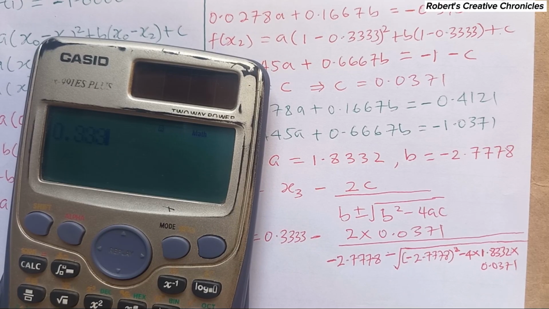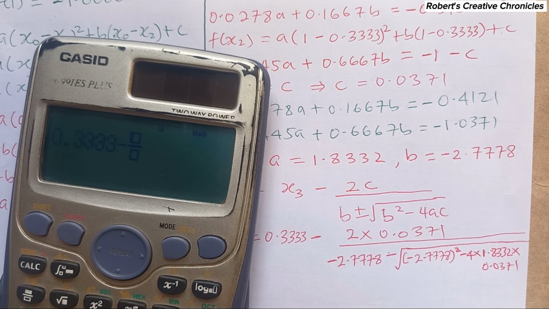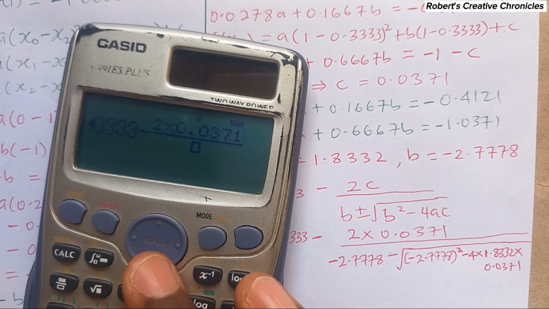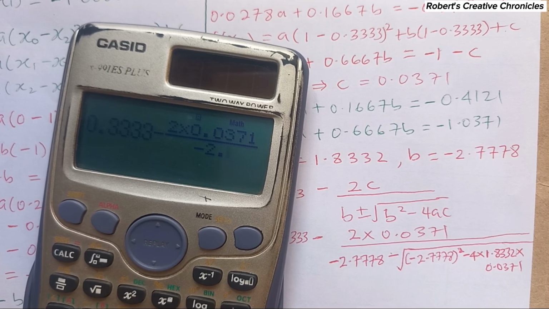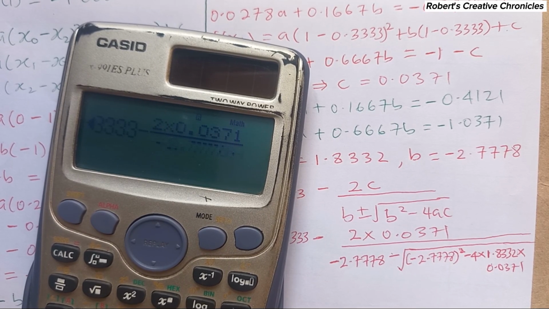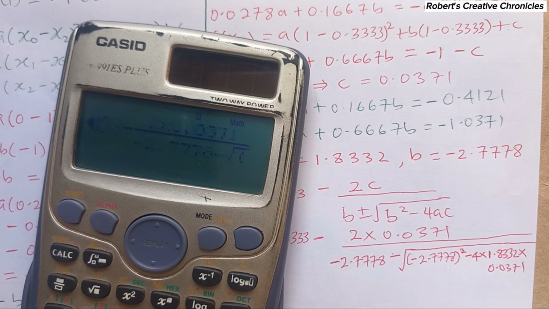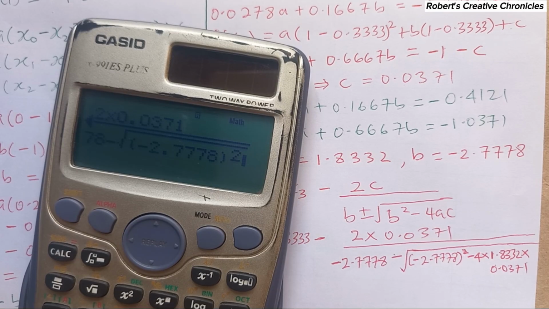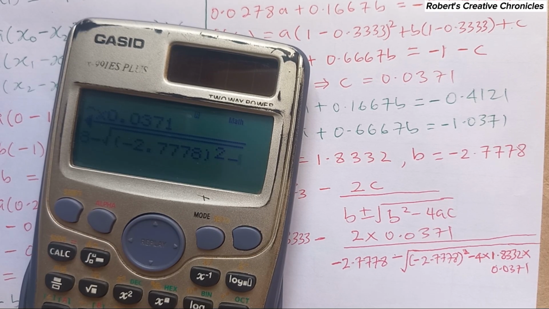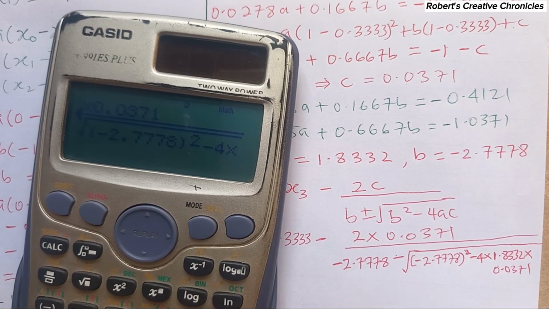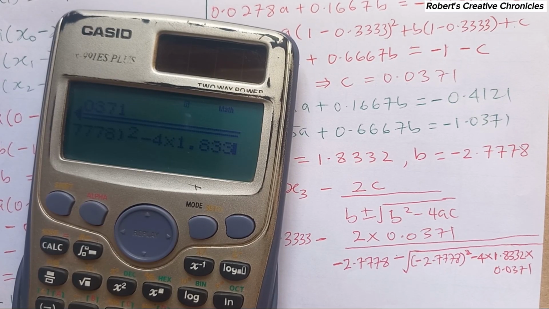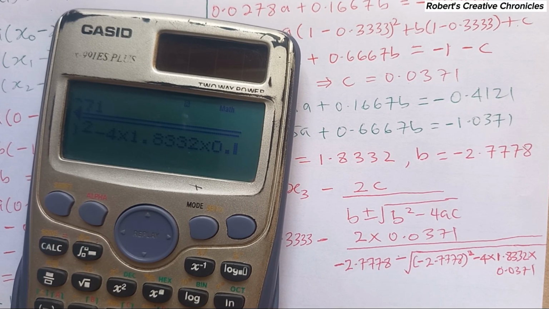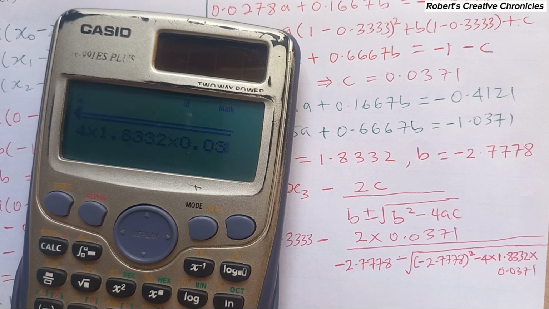This will be 0.333 minus 2 times 0.0371, negative 2.7778 minus root of negative 2.7778 squared minus 4 times 1.8332 times 0.0371.